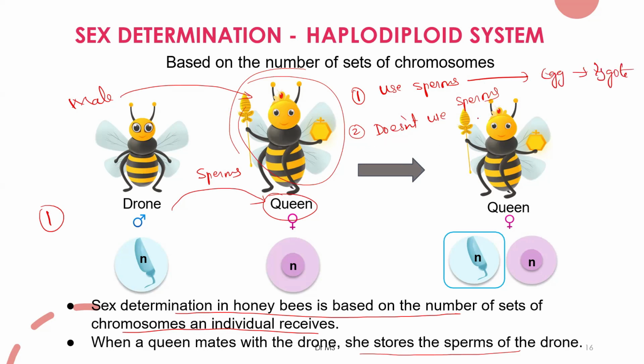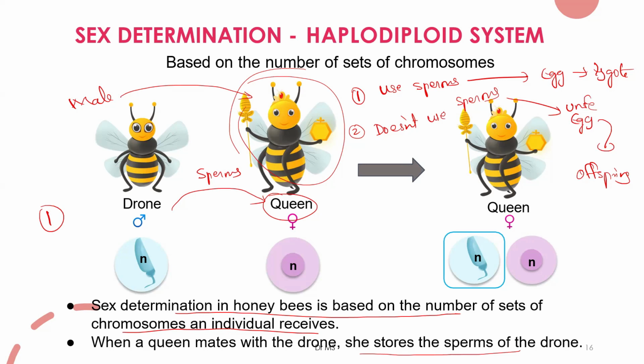The second condition is she doesn't use the sperms, but still she will make the egg turn into an offspring. You can say this is an unfertilized egg which is turned into offspring. That process we call parthenogenesis.